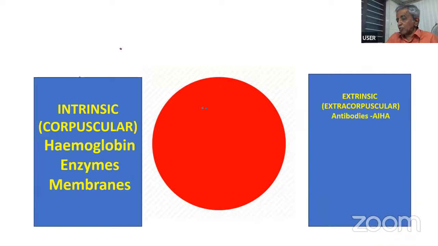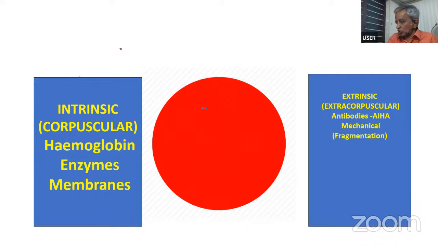One, probably the most common and most important, is autoantibodies, which you call autoimmune hemolytic anemia. Then, not to be forgotten, is mechanical hemolysis. RBCs go and strike some hard or abnormal surface and get lysed. It can produce intravascular hemolysis.